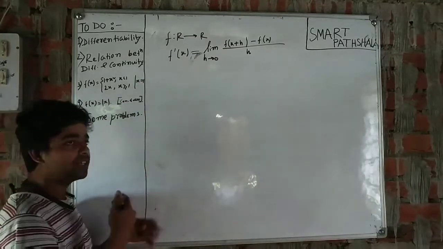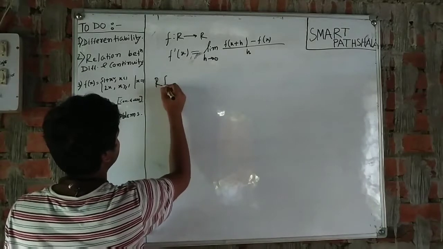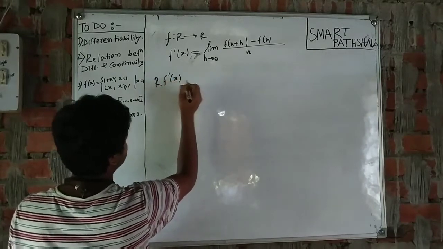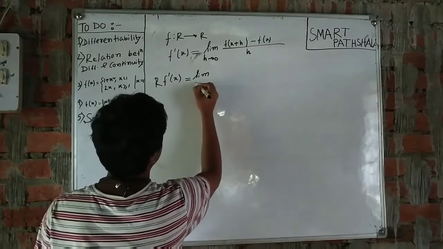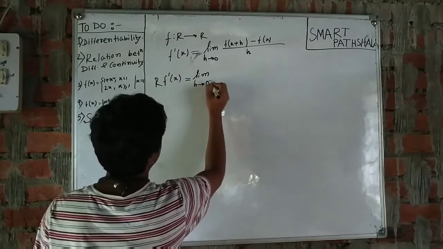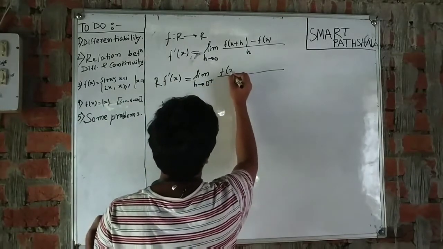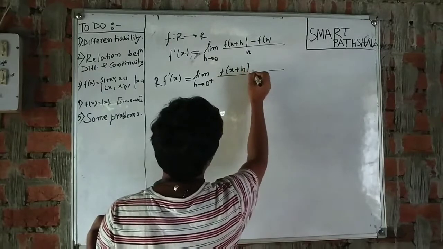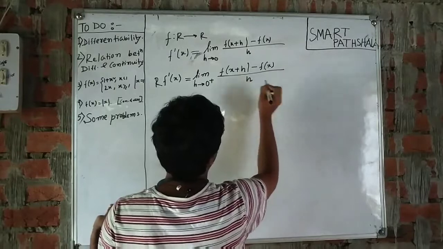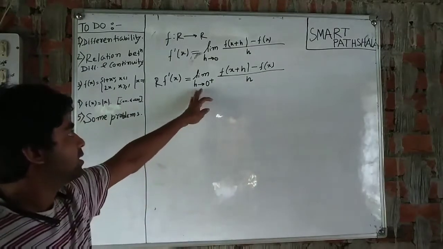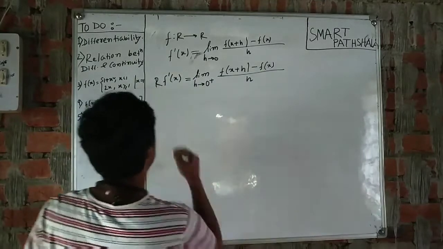So, how to find the right-hand derivative? The right-hand derivative is written as Rf dash of x equal to limit h tends to 0 plus of f of x plus h minus f of x by h, which means that h is tending towards 0 from the rightward direction.